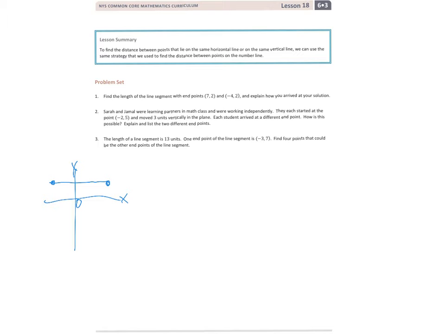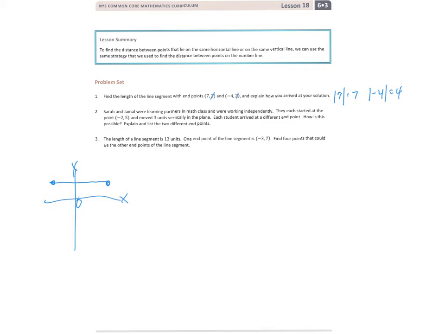So find the length. I'm going to cross out the coordinate that's the same, the 2, right? So it's on that 2 line. If I had graph paper, it'd be all along that horizontal line parallel to the x-axis. Then I'll write the absolute value of 7 equals 7, and the absolute value of negative 4 is 4.